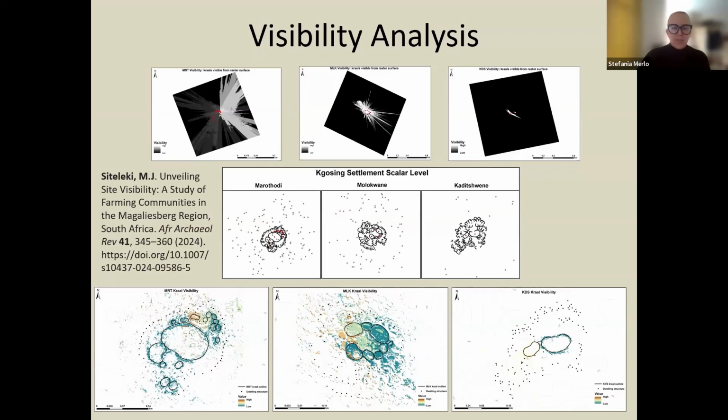A recently published study, again, by Ndisi Siteleki, on visibility analysis of cattle dung deposits in Southern Africa, looking at how cattle may or may not have been concealed within a settlement in the Southern African landscapes. And the link to the paper is actually there.